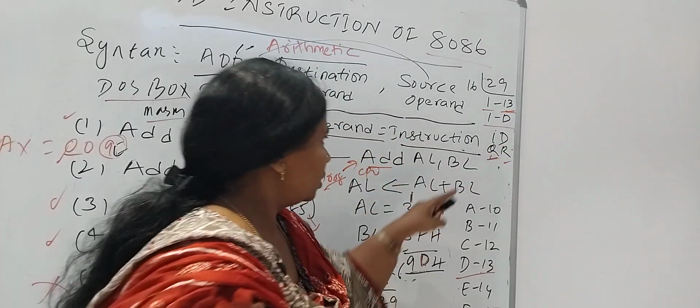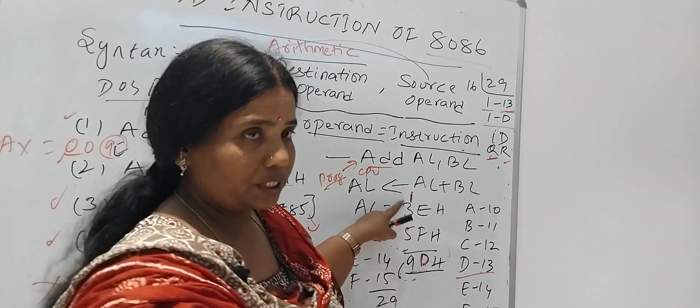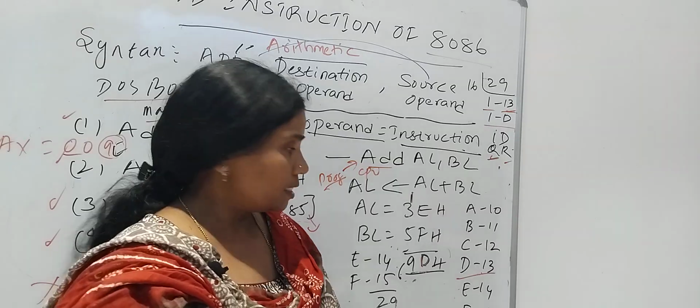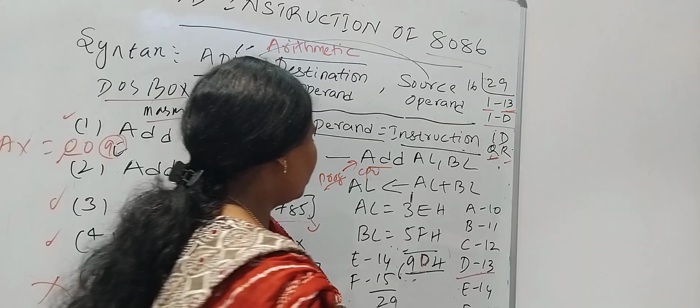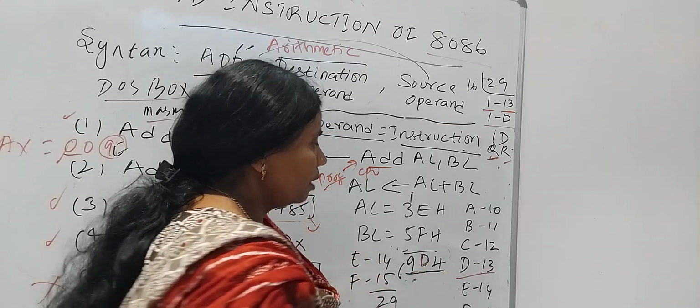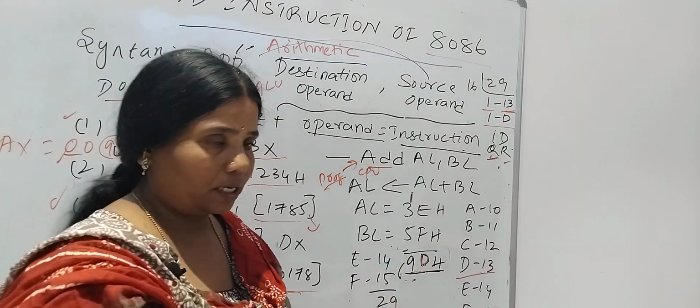The remainder D you write here, and the quotient 1 is carried to the next digit. 5 plus 3 is 8, 8 plus 1 is 9, so 9D. So you get 9D here. That is the theoretical result.